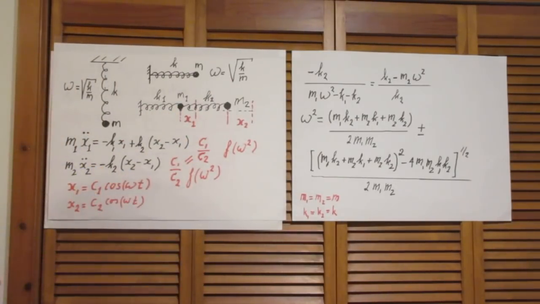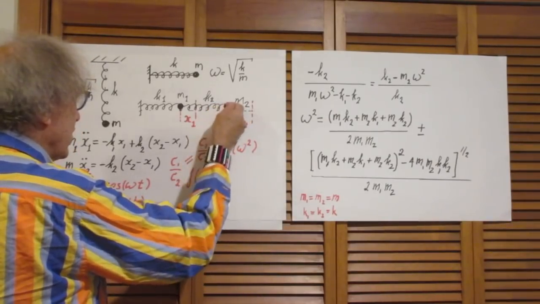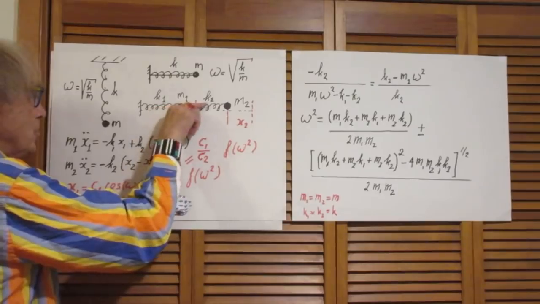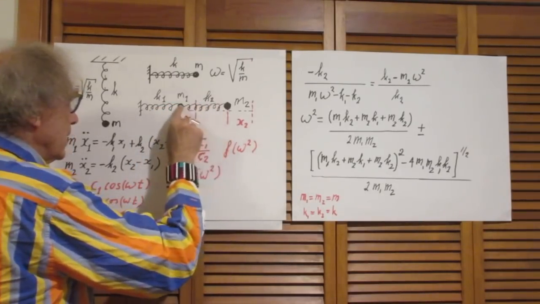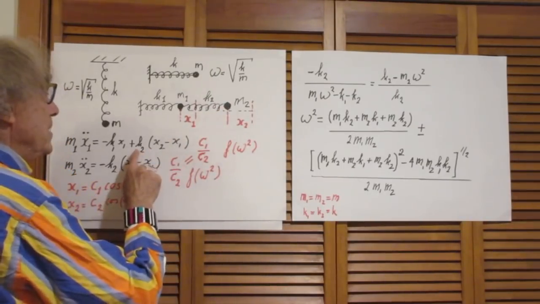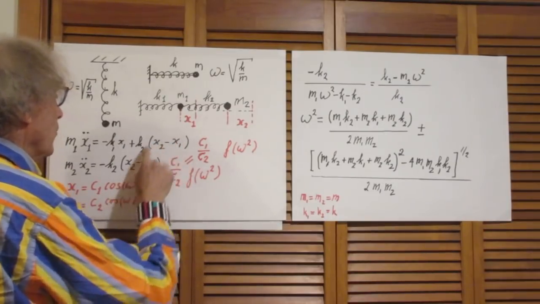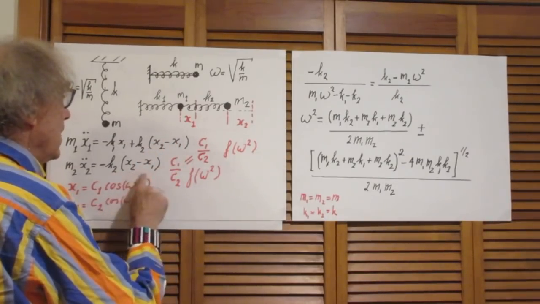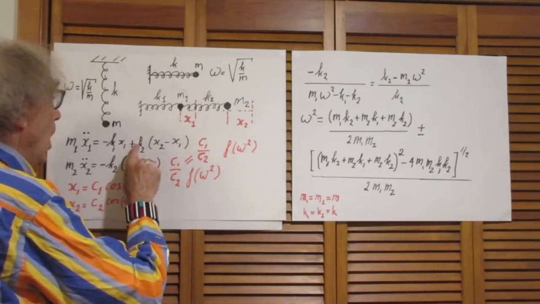On M1, this same force that is in this direction on M2 must be in that direction, because the spring is connected here and there. So that is K2 times x2 minus x1. It's the same, except now it is in the plus direction, so you see the plus.